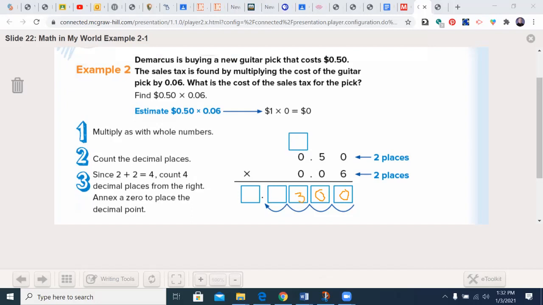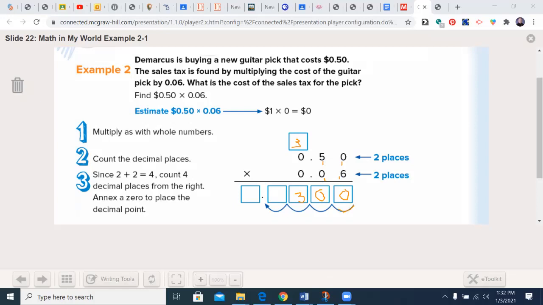Now you say, but Mr. Aaron, what's with this 0 and what's with all of this over here? What you can do is, you know your answer, 6 times 50 is 300. I see that I have 1, 2, 3, 4 spots.